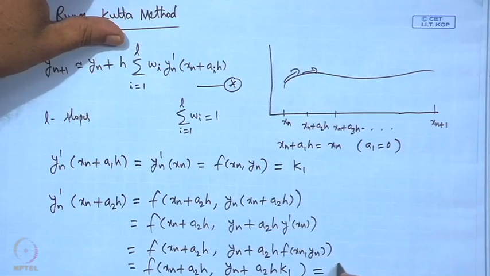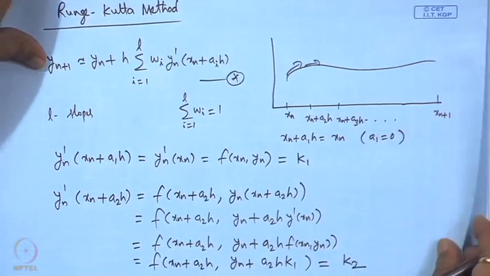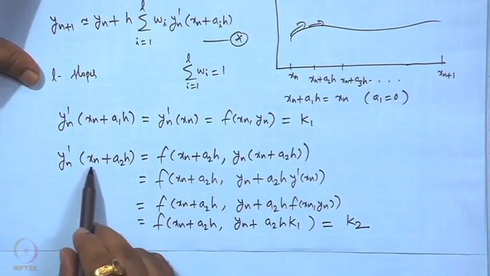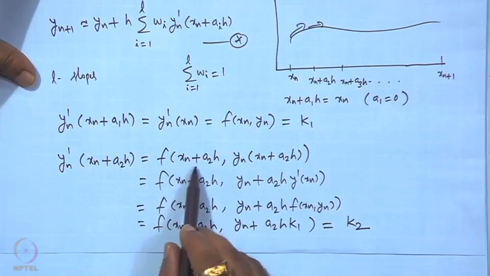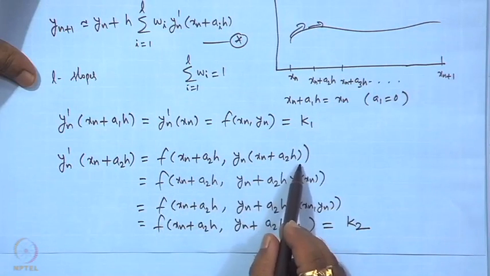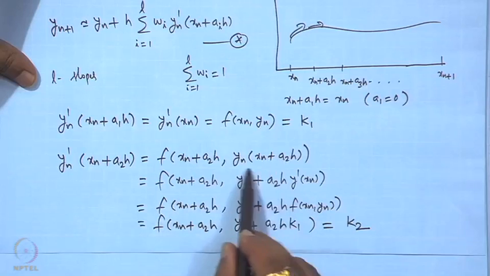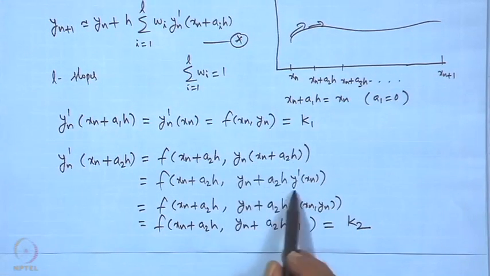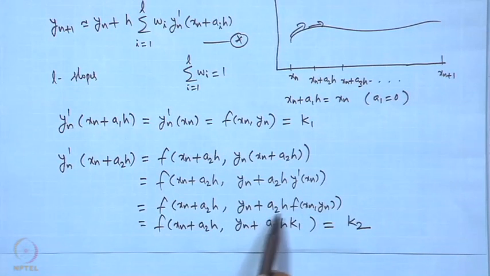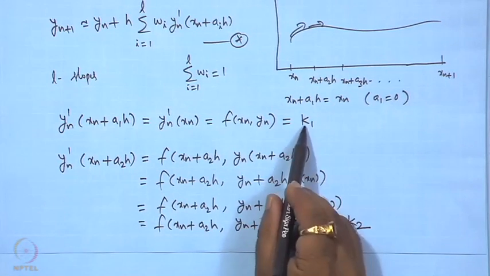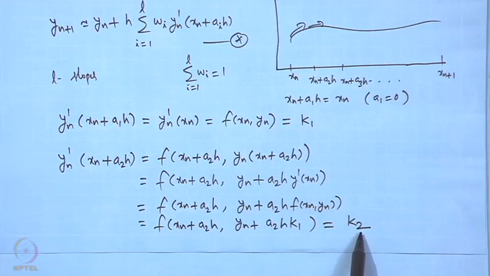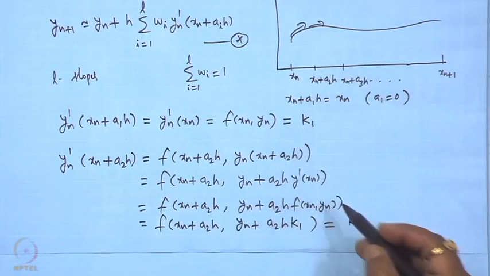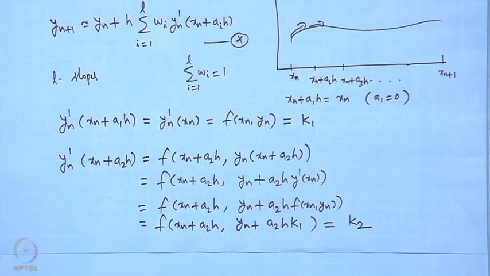Let us call this k 2. Okay. So, please try to follow. We started here, and f of x n plus a 2 h is this. Then we used Euler, and this is nothing but k 1 as defined. So, now we have defined something called k 2. That means each slope at each point we are computing and giving a notation.